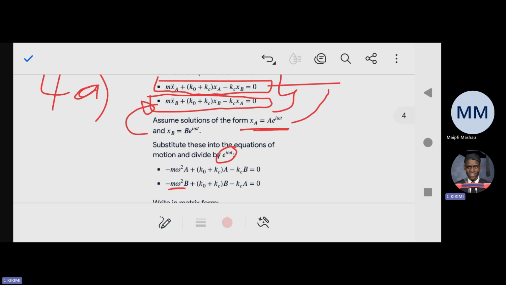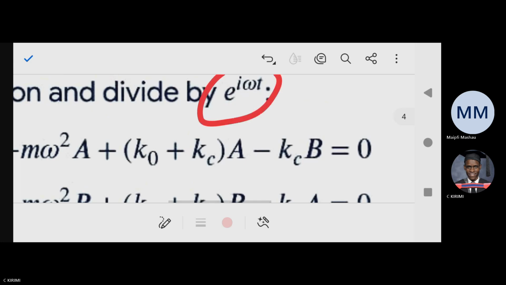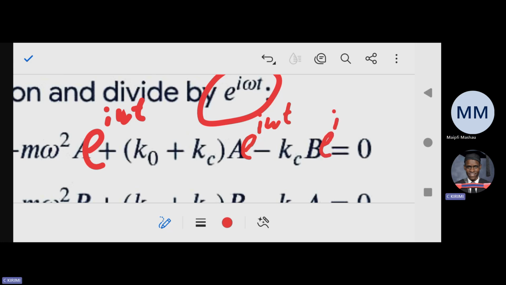In other words, after you write A, you are supposed to write e to the power i omega t. Everywhere where there's B, you put e to the power i omega t after differentiating.